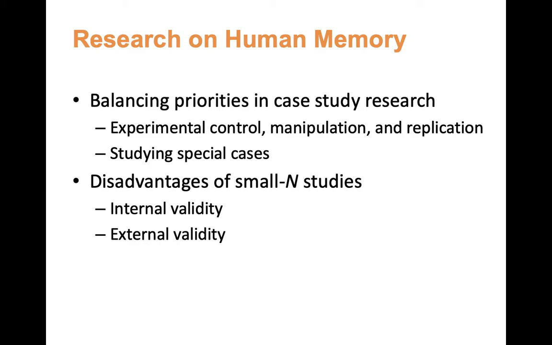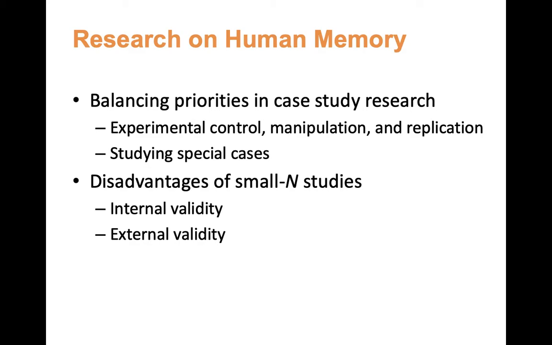So the second case, if we think about, again, balancing priorities or even advantages, is that these small N designs allow a researcher to study special cases. Just like a quasi-experiment takes advantage of things that are naturally happening in the world, like the passage of a law or a historical event or some sort of an accident, a small N study takes advantage of special medical cases.